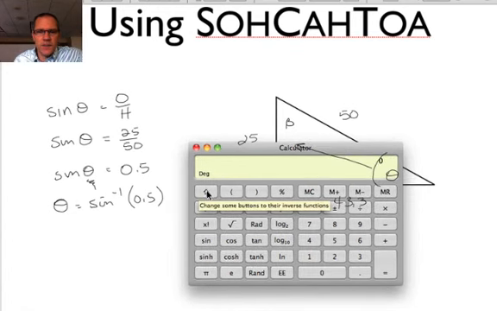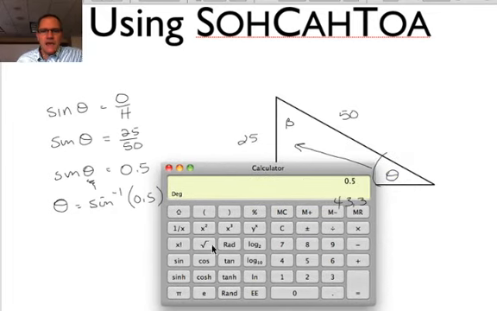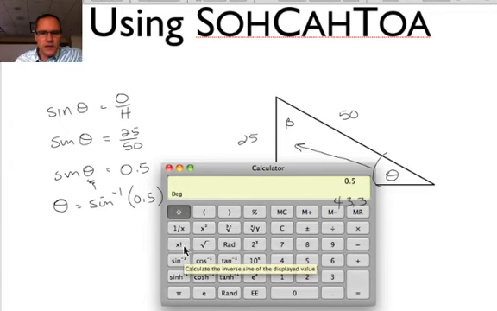This one's just an up arrow. So if I put in my 0.5 and then hit the second function, you can see it becomes sine to the minus 1. You do the same thing on your calculator, so you have sine minus 1 of that, and that takes you right back to 30 degrees. So your angle then is 30 degrees, and that agreed with the problem that we just had.